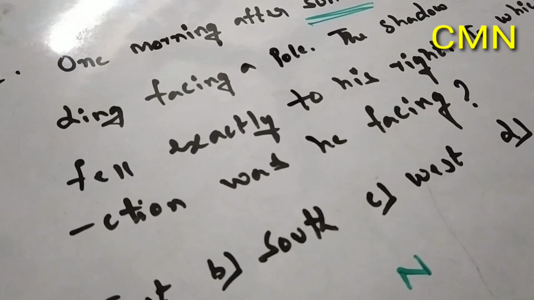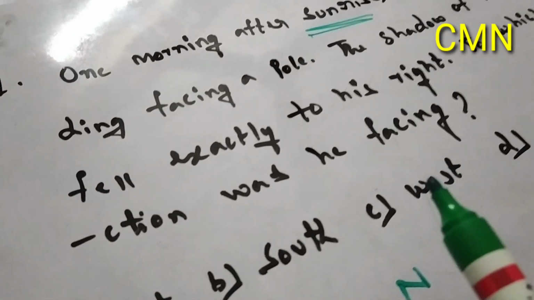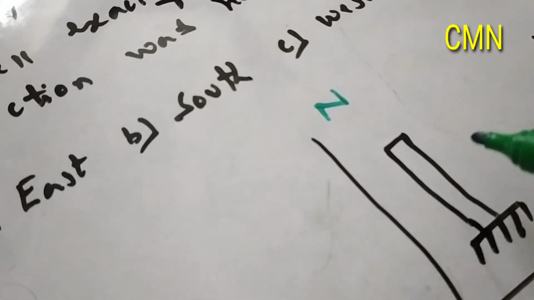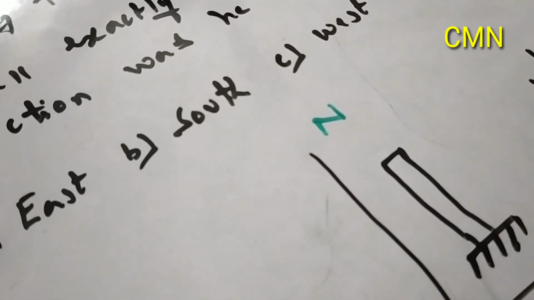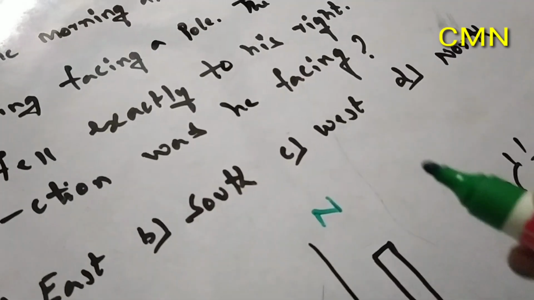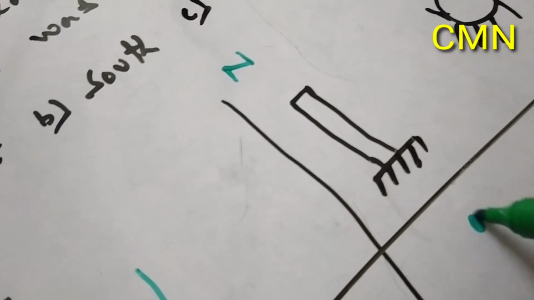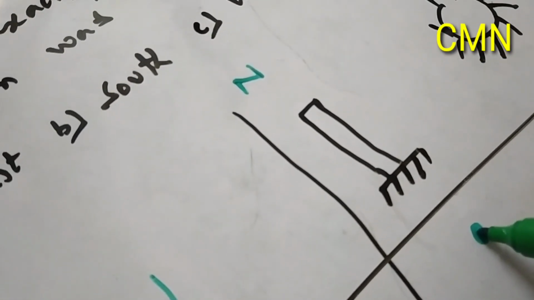But in the problem, it is clearly mentioned Mohan and the wall. This is for the wall, and the next person is Mohan. Suppose Mohan is standing here.